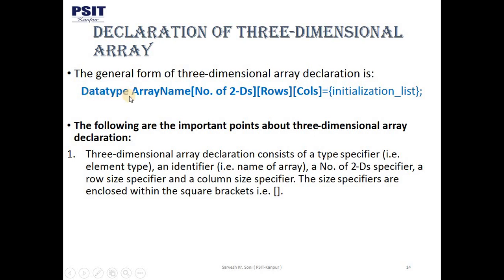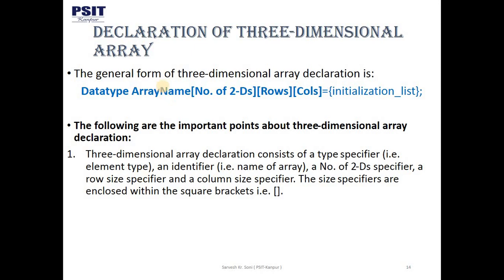First of all we have to mention the data type, followed by a space, then the array name, then there will be three brackets, in which the first bracket consists of the number of 2Ds, or you can say the number of planes. Then the second bracket consists of the row size, and the third bracket consists of the column size, and equal to the initialization list. Right, so this is the simple way to declare a three-dimensional array in C language.